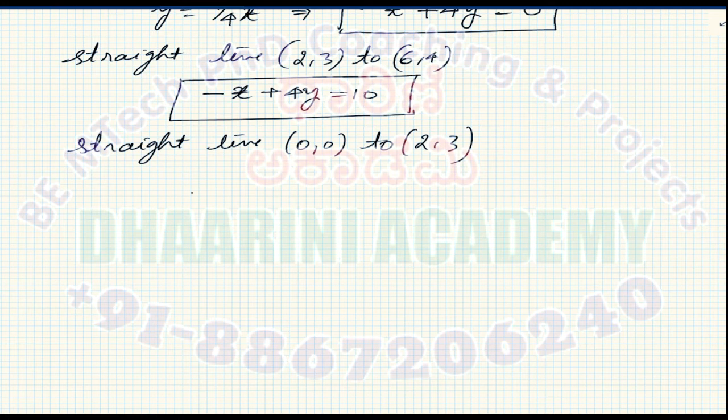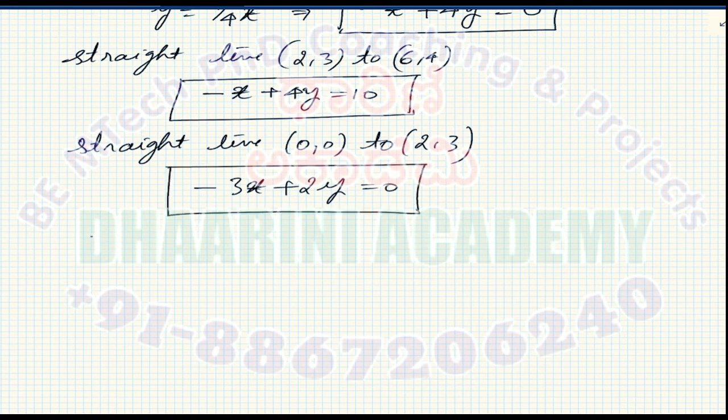When we solve, we get minus 3x plus 2y equals 0. Then we have the fourth straight line, that is 4 comma 1 to 6 comma 4.